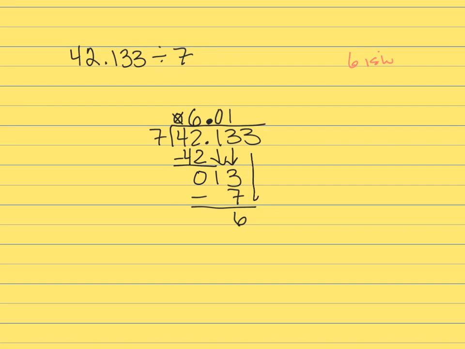Then I bring down this number. And then I ask myself how many 7s into 63. And 7 times 9 is 63. So 9 here. And there I have my answer, 6.019, which happens to be 6-ish. So good on us. We got that one.